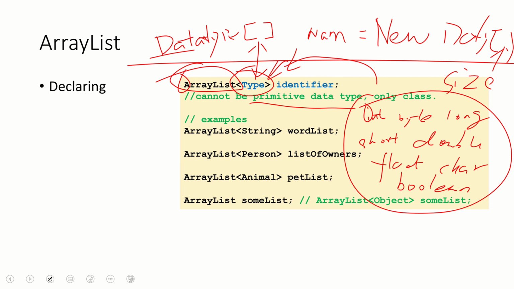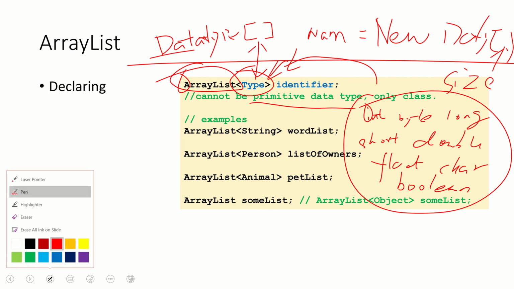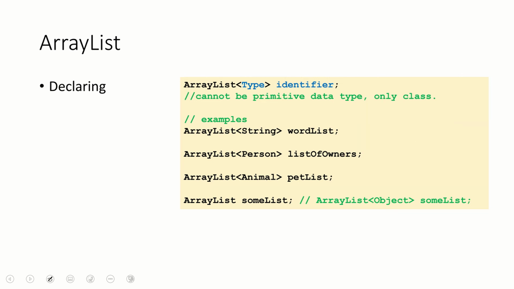Which gives us a big difference. The first difference when we use an array: when you declare an array, you can put any type of data type in there, right? You can use int. You can use double to declare an array.